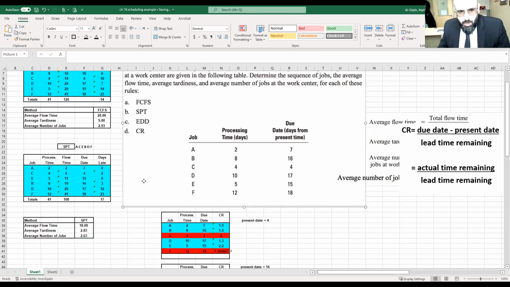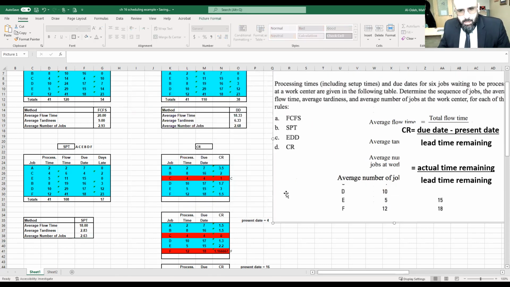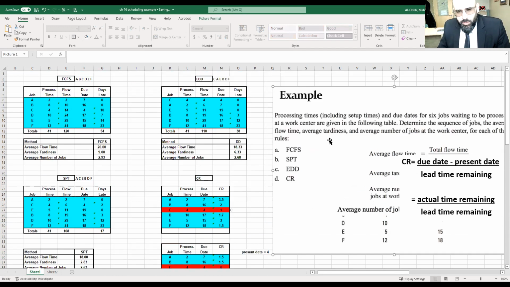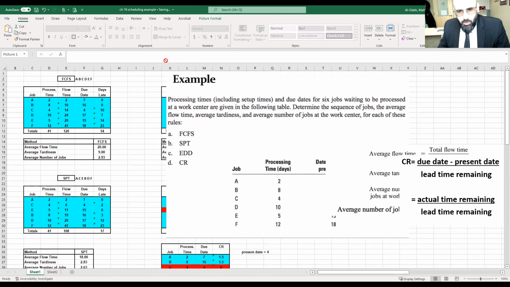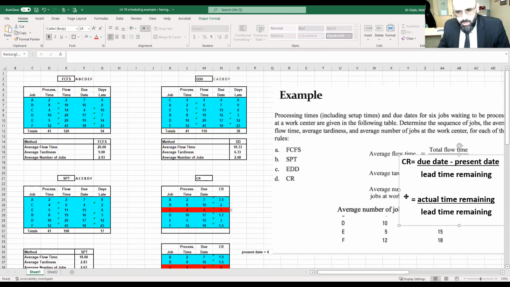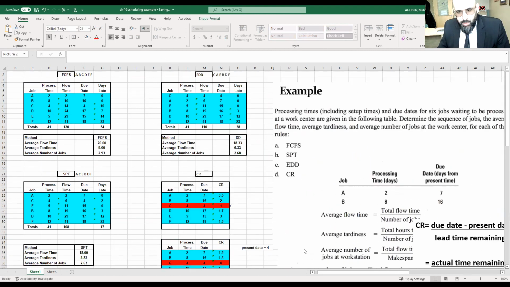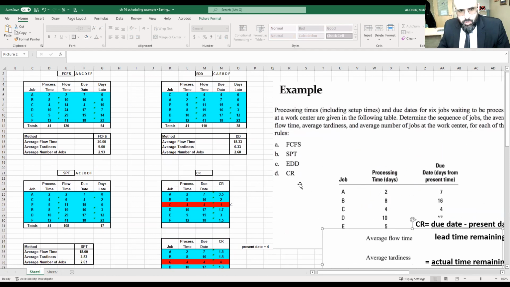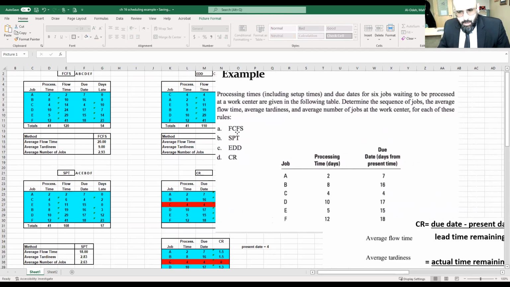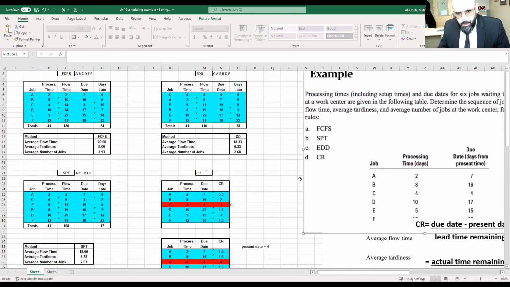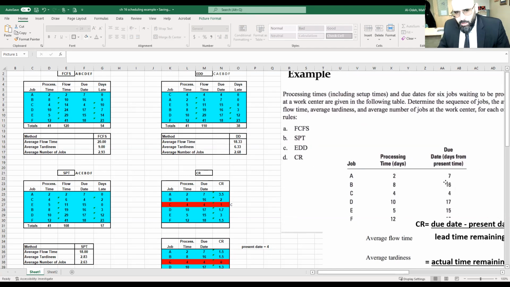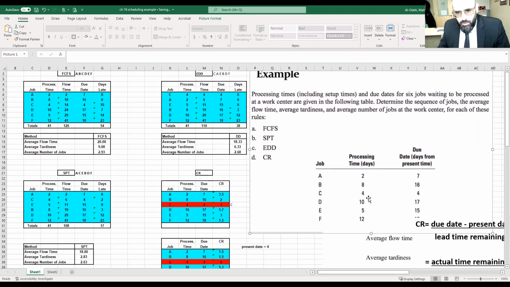Now we're moving into part C, which is the early due date. So now we're going to rank these tasks based on the due date. So looking into the information that is given to us, you will find out the earliest due date would be which one? Would be due date of 4, that would be C, as you see here in this table. This is what we're looking for.